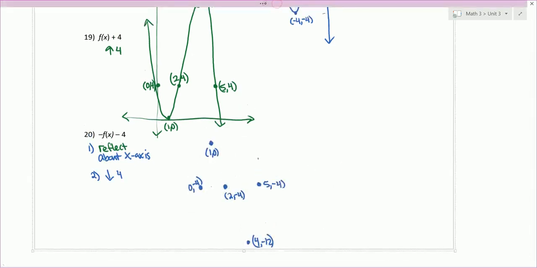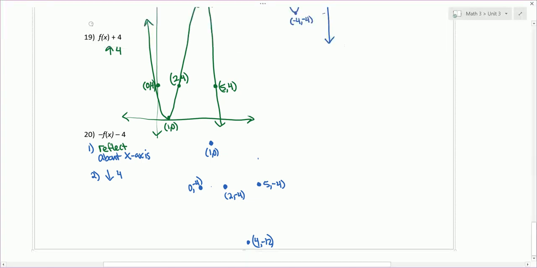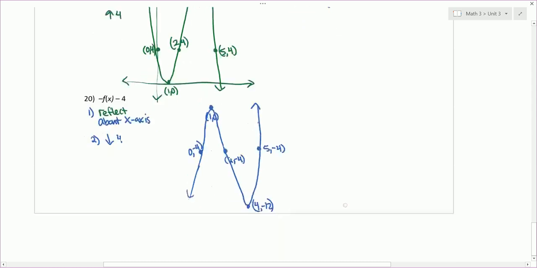And so what's going to happen is it's going to start this direction, raise up, come back down, come back up. And we have our x-axis here, our y-axis here. Something like that. A little bit of a messy sketch, but you got your points and you have somewhat of a sketch there.